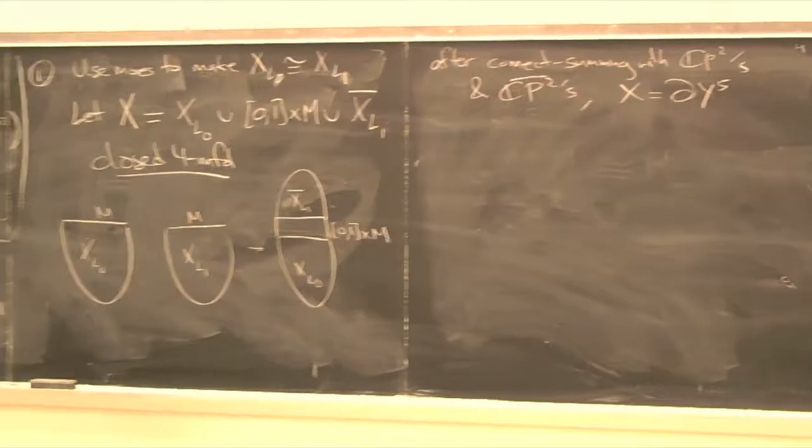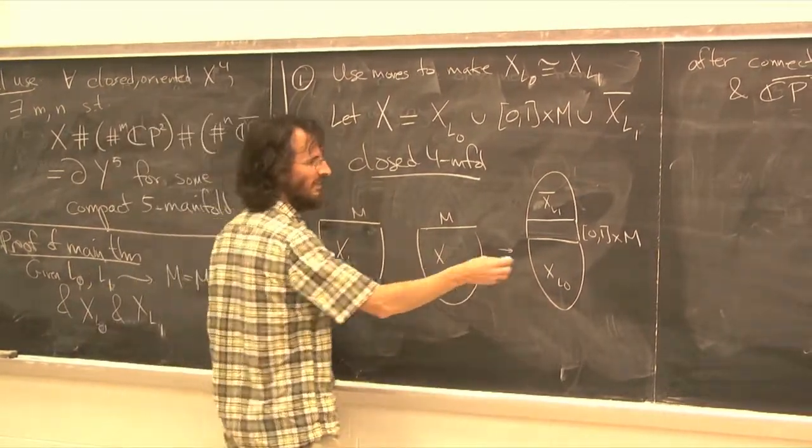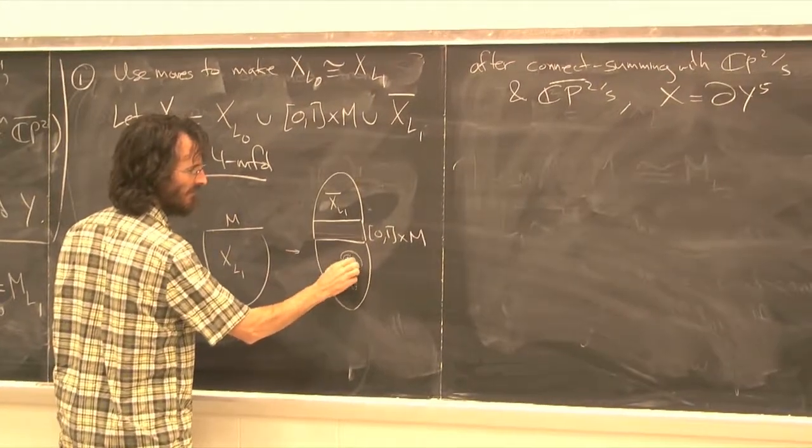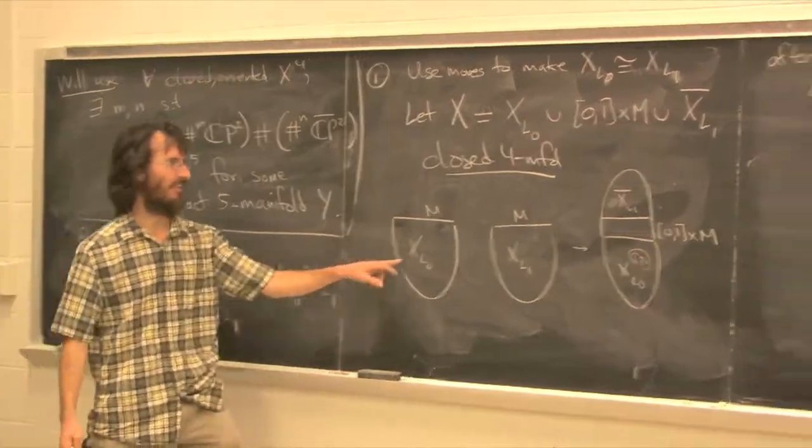So the point is, I want to now glue in some CP2s and CP2 bars. I can do it in here or in here, it doesn't matter.